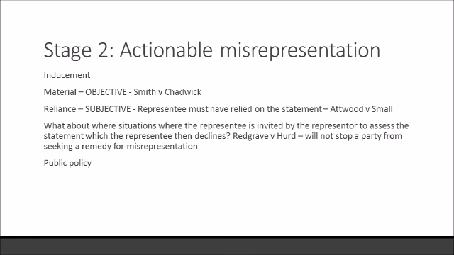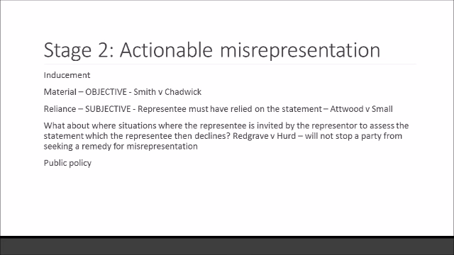However, the representee had never heard of this famous person, didn't know who he was, didn't really care, to be honest, and so it was held that the false statement of fact was not material to the representee's decision to enter into that contract, and so it hadn't induced him into it. It didn't satisfy this final part of stage 2.